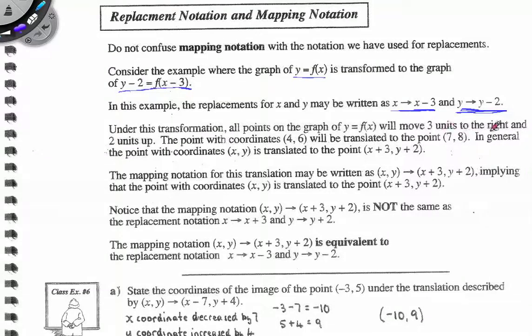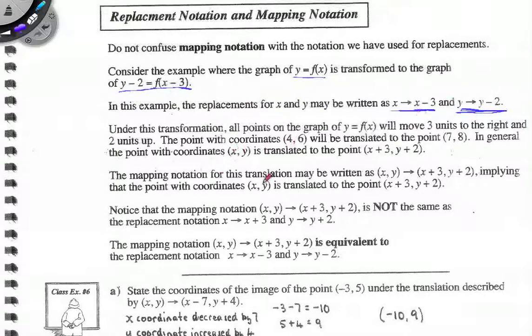Okay, 3 units to the right, so we're adding 3 to that, and 2 up, so that will become (7, 8). In general, the point with coordinates (x, y) will be translated to the point (x plus 3, y plus 2), when this is occurring.